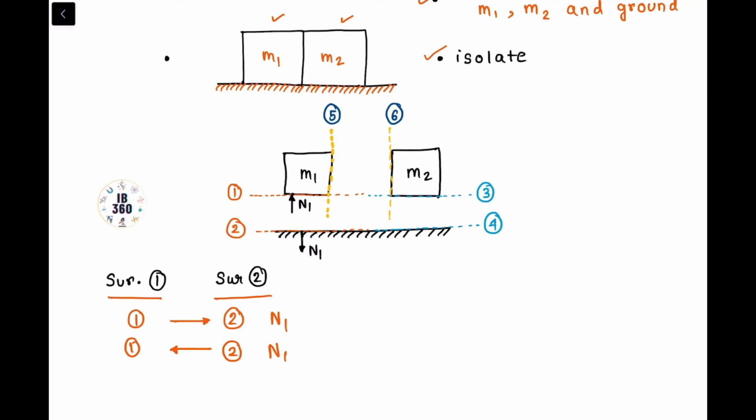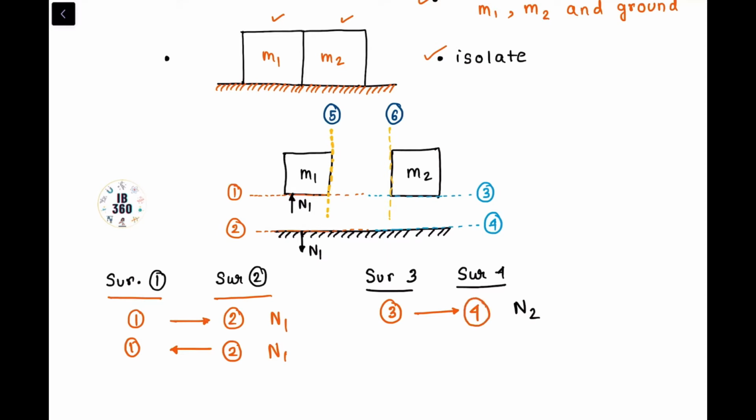Similarly, surface 3 and surface 4 are also in contact. Surface 3 will exert a force towards surface 4. Let the value of that force be N2. Why is surface 3 giving a force to surface 4? Because they are in contact with each other.